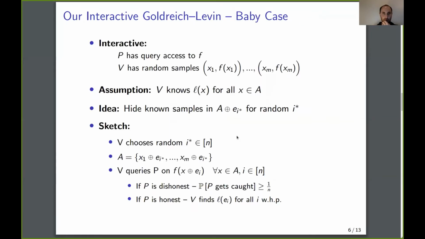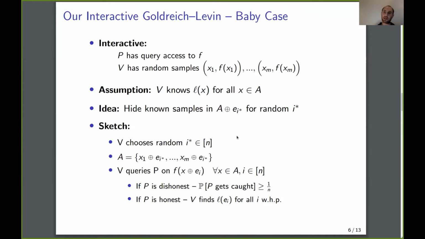Now, let's see how we can use this to define a baby case of the interactive Goldreich-Levin proof. So recall that what we want is an interactive proof where the verifier only uses random samples, and the prover is the one that can do queries. The prover has query access, but the prover is possibly malicious. We can't trust the prover.